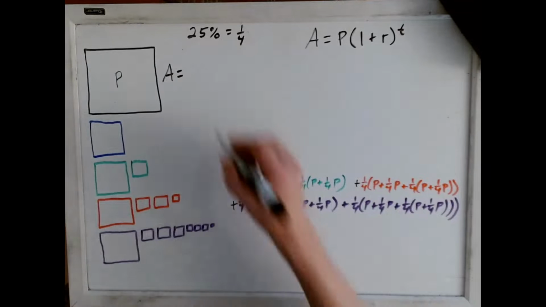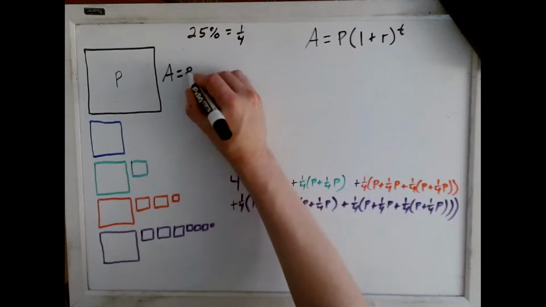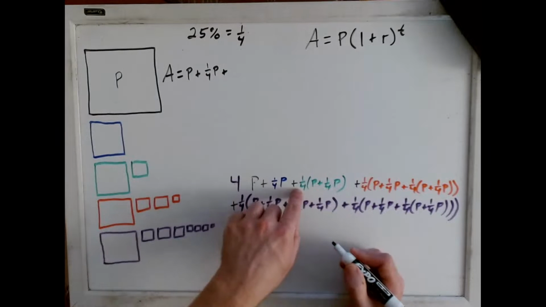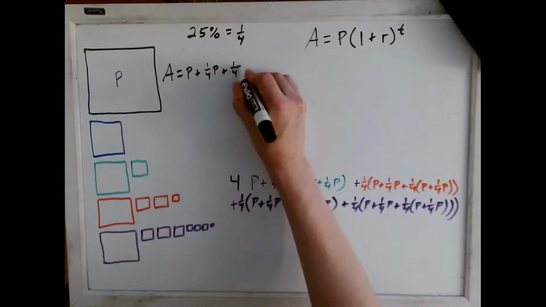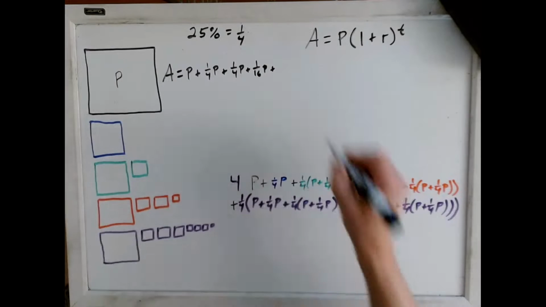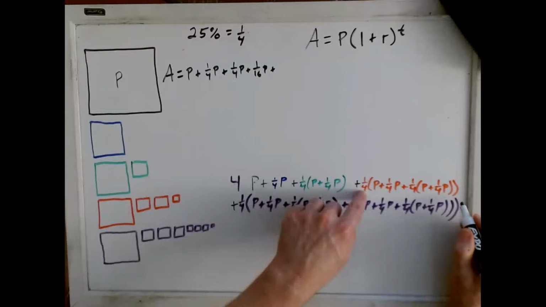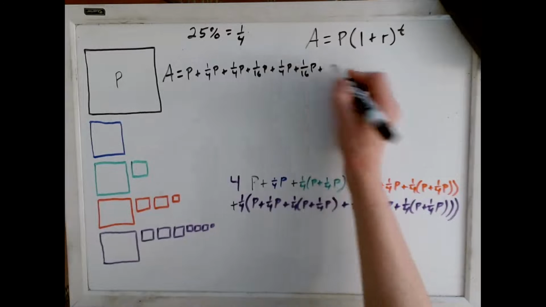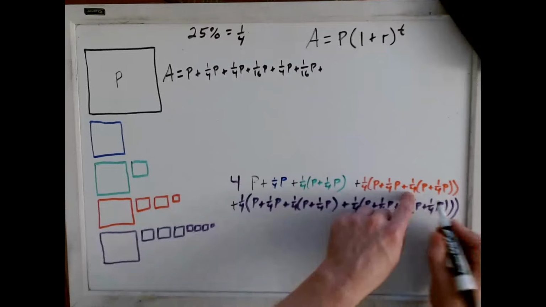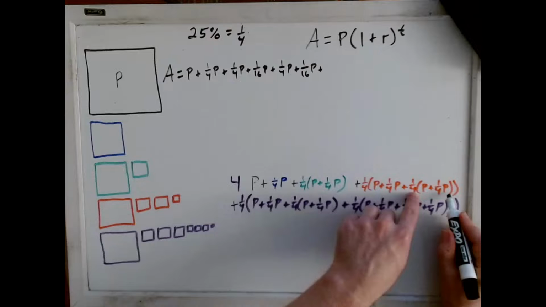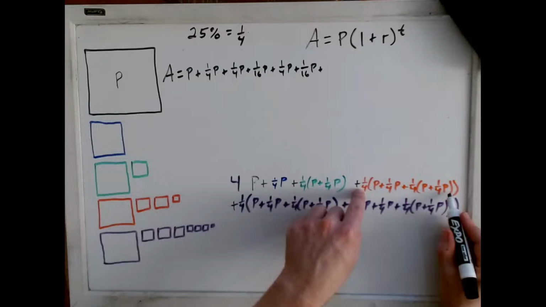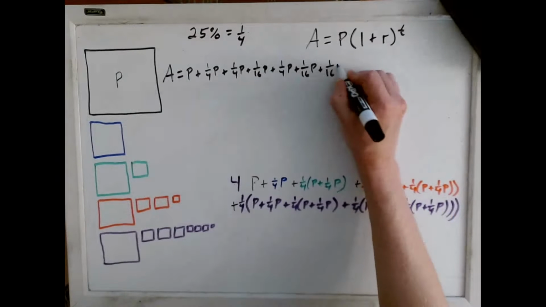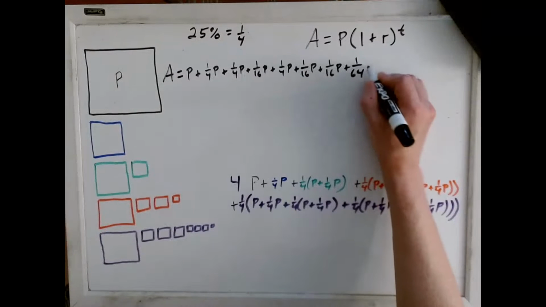When we do that, we get A equal to P plus 1/4 P plus 1/4 P plus 1/16 P, plus 1/4 P plus 1/16 P, plus 1/4 P plus 1/16 P times 1/4, which is 1/16 P plus 1/64 P.